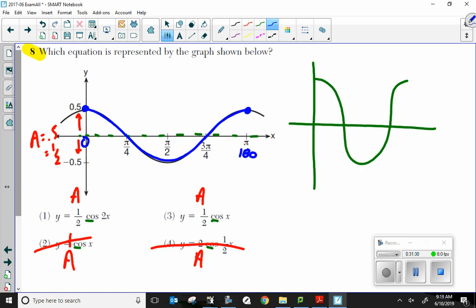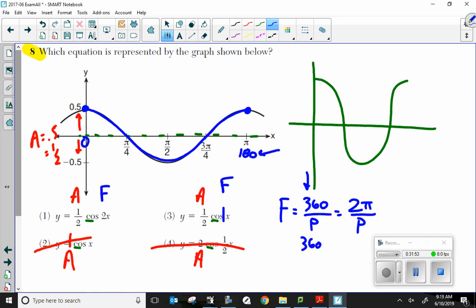So I need to figure out my frequency. Is my frequency 1 or is my frequency 2? Well, frequency is 360 divided by period, or you could say it's 2 pi divided by the period. If I were going by degrees, I would use this one: 360 divided by 180, which would be 2.